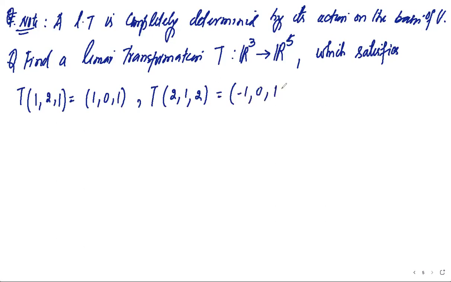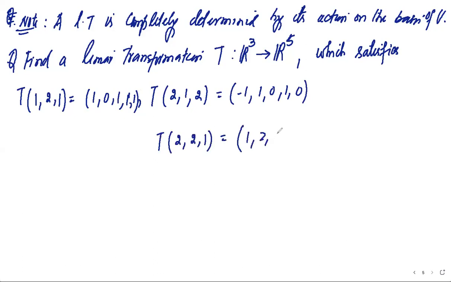चलिए minus 1 0. Are you sure, sir? अच्छा और R5 में हमें डिफाइन करना है, चलो अच्छी बात है. चलिए 1 1 लिखते हैं, हो गई R5. Suppose minus 1 1 0 1 0, and then T of 2 2 1 equals, suppose, 1 2 1 2 1. ठीक है.